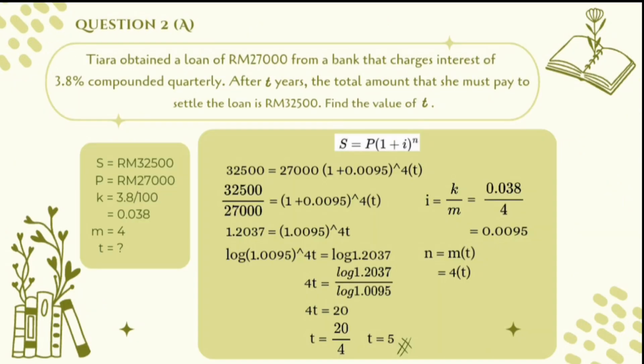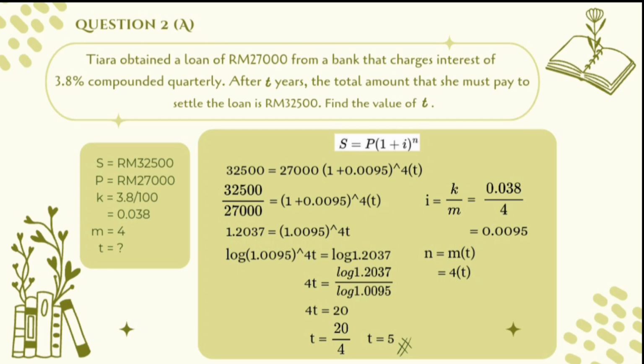In question 2a, we are told that Tiara obtained a loan of RM27,000 from a bank that charged interest of 3.8% compounded quarterly. After T years, the total amount that she must pay to settle the loan is RM32,500. Find the value of T. First, we need to state the information given.